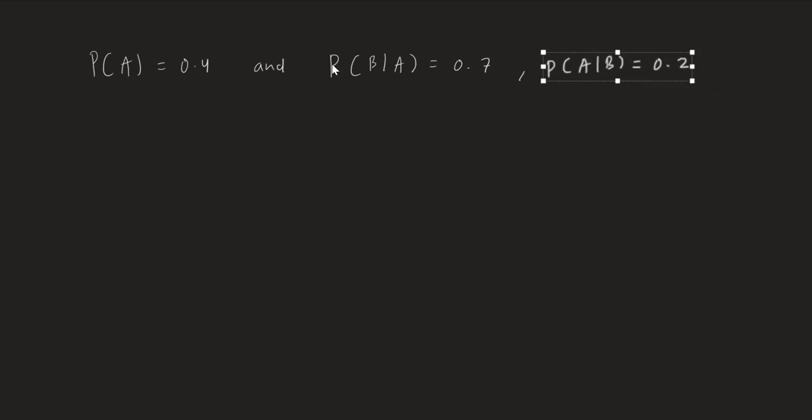Let's say you are given this condition: probability of A is 0.4, probability of B given A is 0.7.